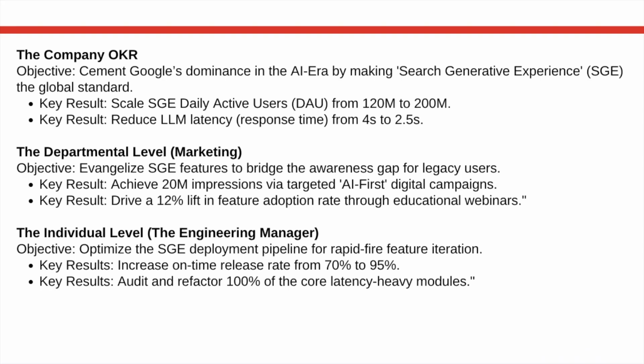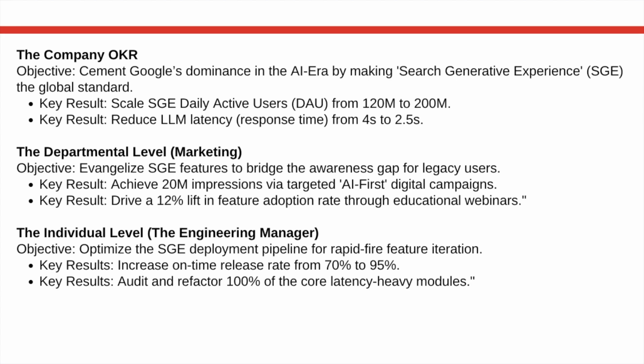Objective: cement Google's dominance in the AI era by making Search Generative Experience, SGE, the global standard. Key result: scale SGE daily active users, DAU, from 120 million to 200 million. Key result: reduce LLM latency response time from 4 seconds to 2.5 seconds.